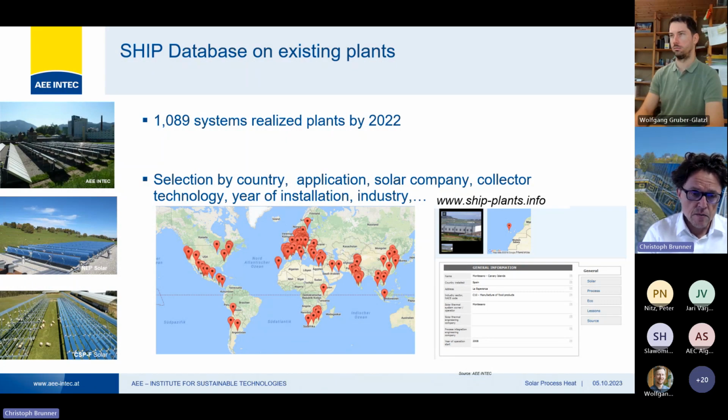And the interesting part is that you can select these best practice examples by country, by application, by process, by industry sector, by the solar company, by the collector technology. Is it a concentrating system or a non-concentrating system? The year of installation, etc. So it's really a good showcase to see in which areas we can find best practice examples.